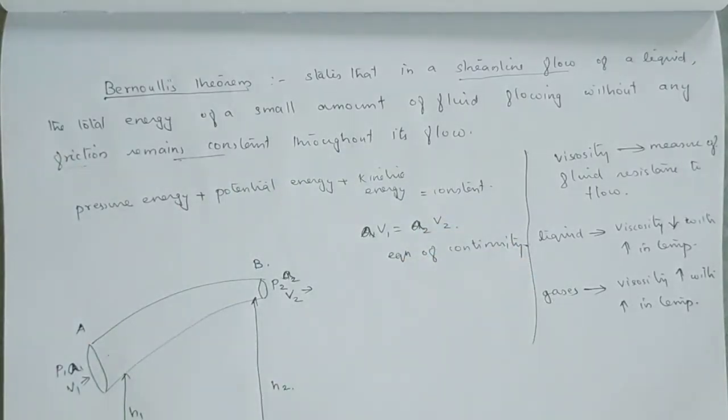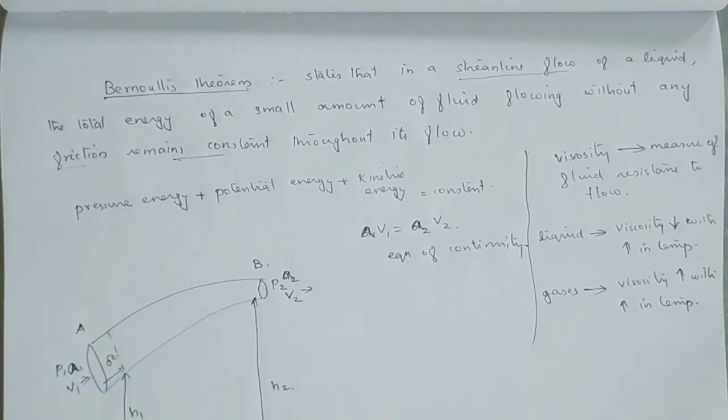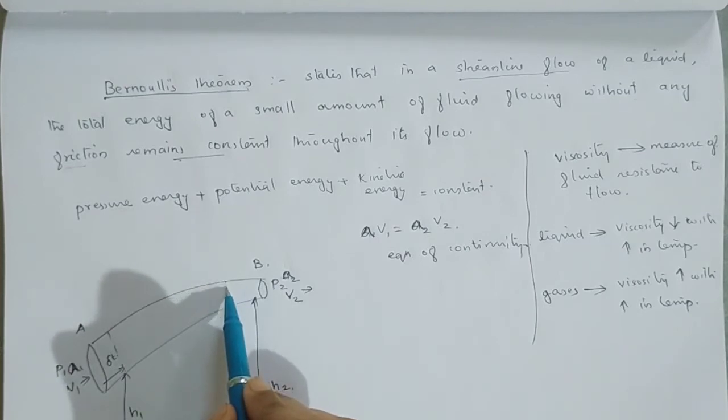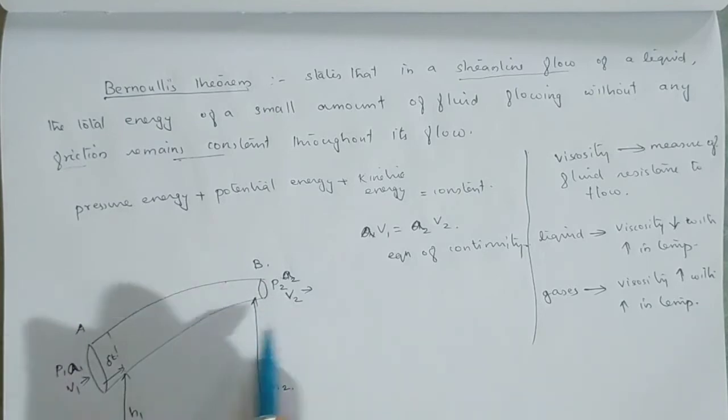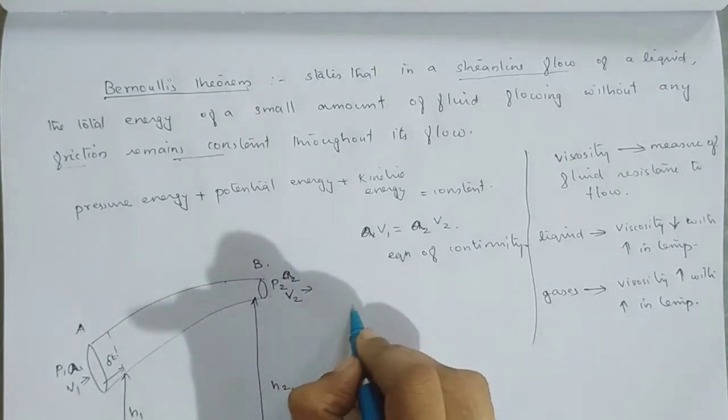Okay, now we consider a mass of liquid that is flowing a particular distance v1 delta t with velocity v1. So almost the same volume of the liquid is flowing out of the pipe with velocity v2. So we consider a small element that is v1 delta t. Then what about the force?